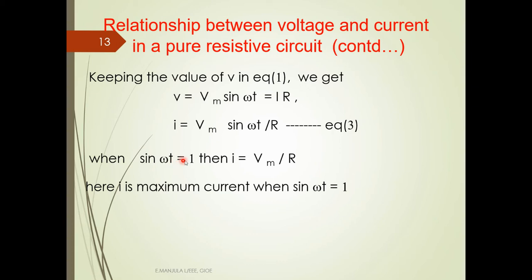When sine omega t equals 1, then i equals V maximum by R. So i is maximum current when sine omega t equals 1. So the maximum current I maximum equals V maximum by R.